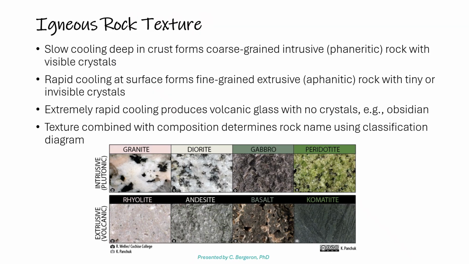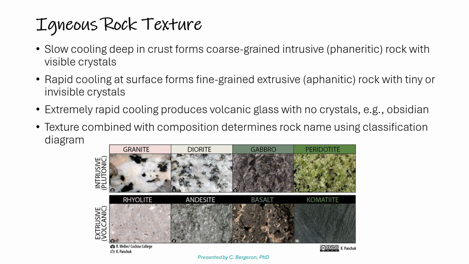Igneous rock texture refers to the crystals that you see. So if you can see individual crystals clearly, we call that a coarse-grained texture or phaneritic texture. And this is a texture you would see with an intrusive igneous rock because the magma had time to grow crystals.